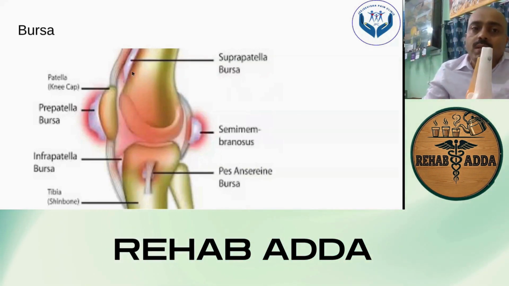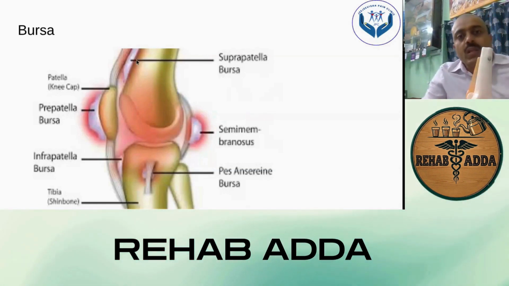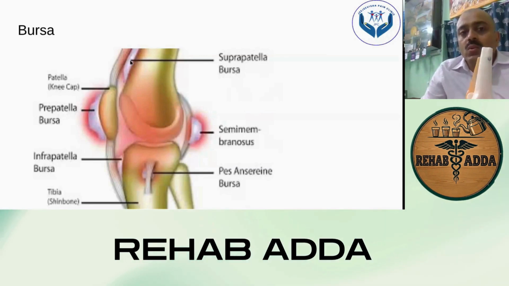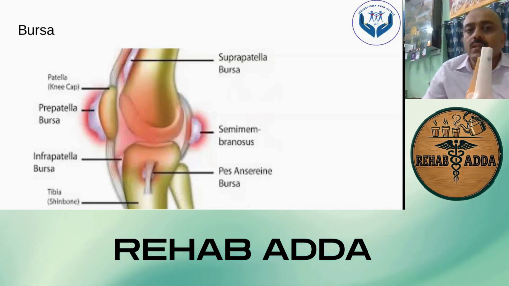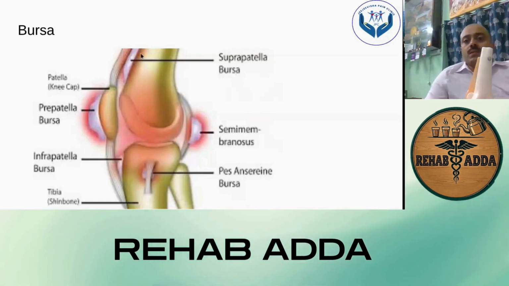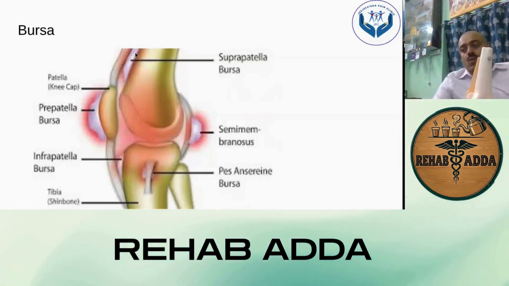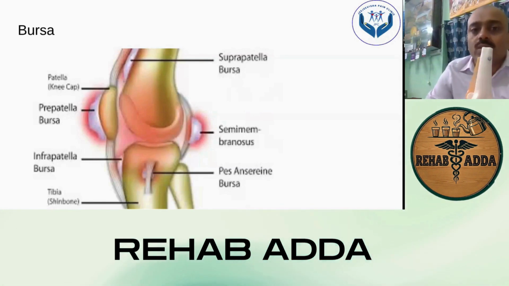So if a patient comes to you with swelling of the knee, and there are features of synovitis, it is always better to put the needle around here, and then you can aspirate. So suprapatellar bursa becomes important.